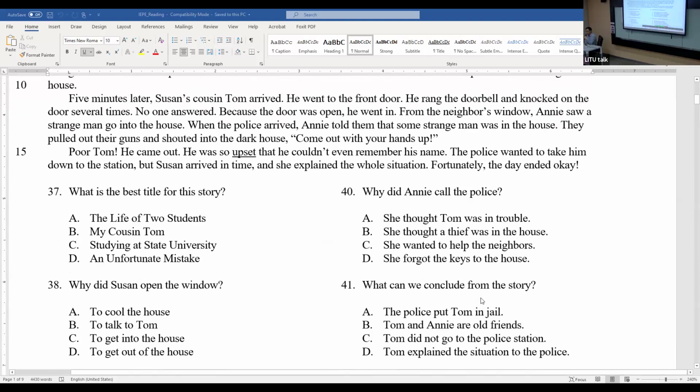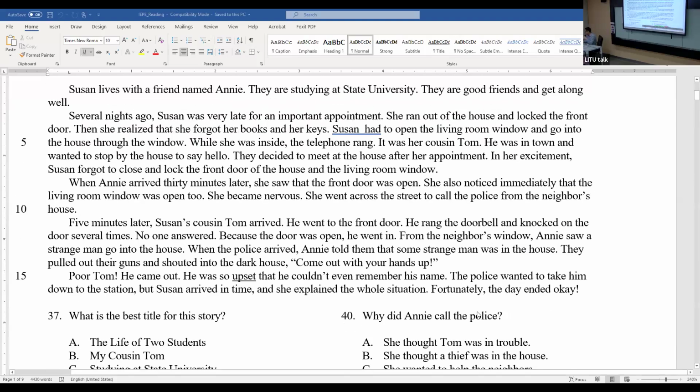So we have 5 questions, right? So you have to read the passage first carefully, and then you have to go for each item.